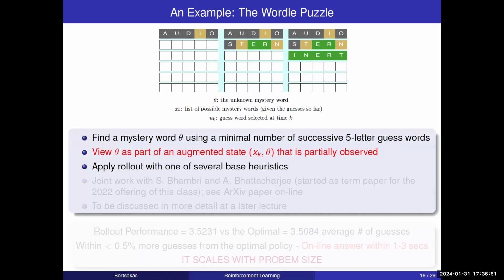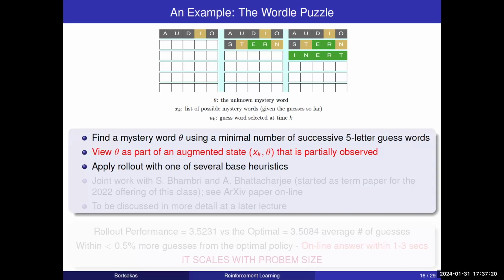Gives the most reduction in entropy of the mystery list. Entropy has to do with uncertainty. Okay, if you're not familiar with information theory, I won't be able to explain this to you, but it's a very intuitive concept here. Each guess gives us information, and we find the guess that has maximum information gain. Okay, that's the base of the heuristic.